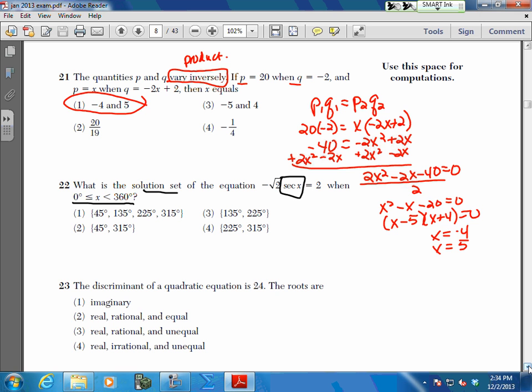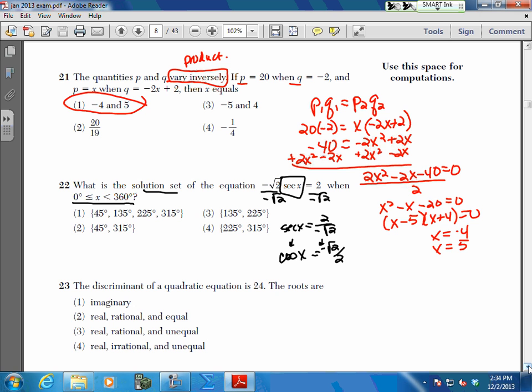Isolate your variable, your secant of x. Divide both sides by this. You have a secant of x equal to 2 over this. Now, if you are looking at this, you have a couple of ways to do this. You can take its reciprocal, make it a cosine, take this reciprocal, make it radical 2 over 2. Sounds like a 45-degree angle, right?